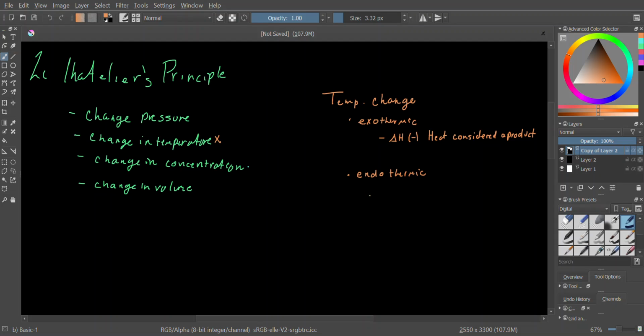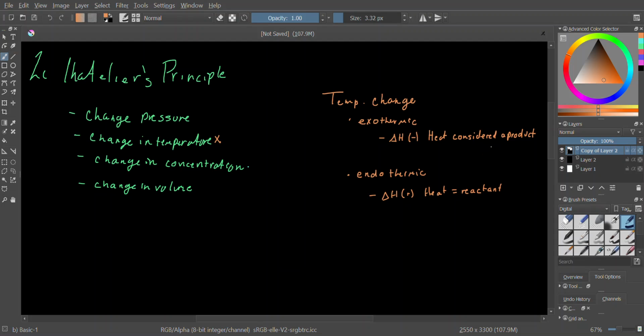And then in an endothermic reaction, your delta H would be positive, and therefore heat would be a reactant, because essentially in an endothermic reaction, you need heat to cause that reaction, right? Like it needs to start with heat. Okay.